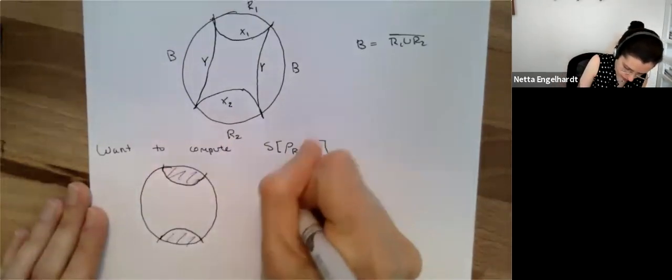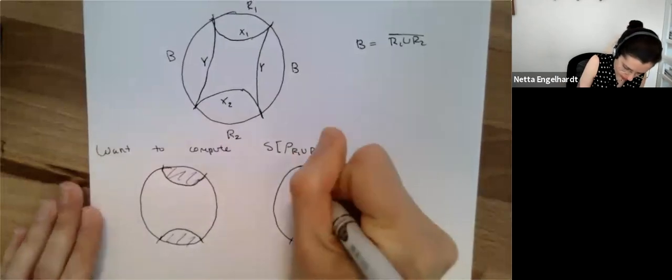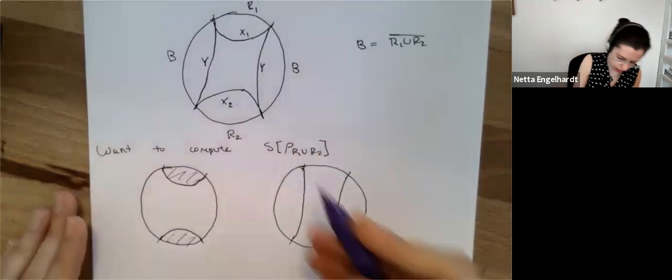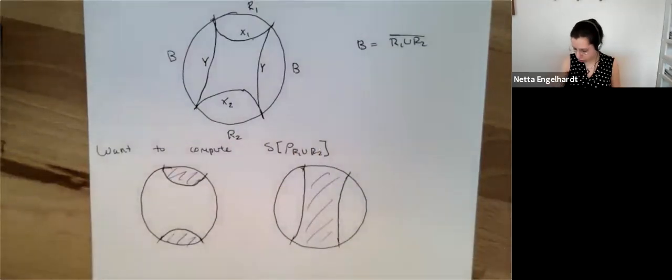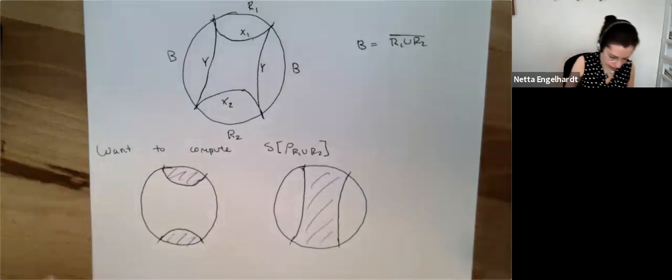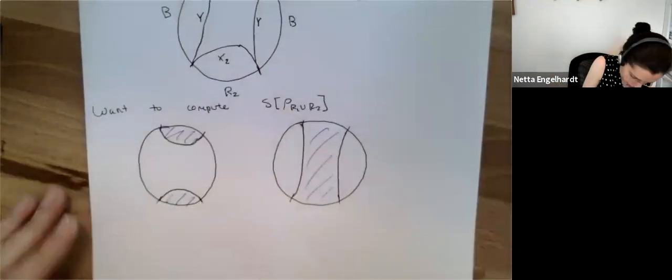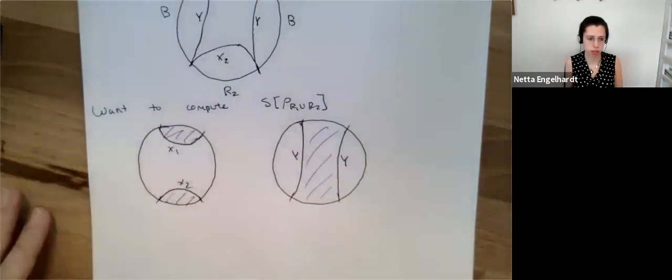Or we could compute it from these two, and this would be the homology hypersurface. So we have two different candidate surfaces here for the von Neumann entropy. Again, this is x1, x2, and y refers to both of these.